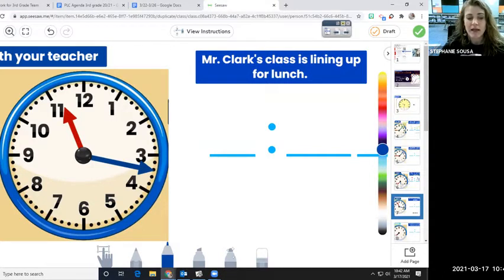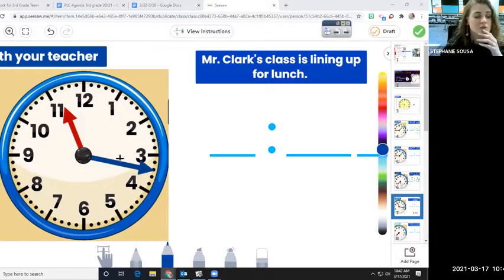Sometimes, for example, yesterday, we ate lunch at 11:25, and that's still in the morning time. That's still a.m. Other people might eat lunch at 12:30, and that's in the p.m. or afternoon. So we got to look at our clock to see if it's going to be a.m. or p.m. because people can eat lunch in either one.